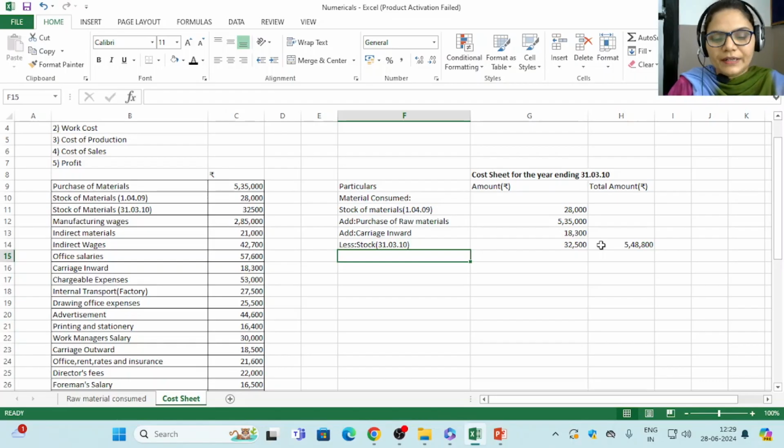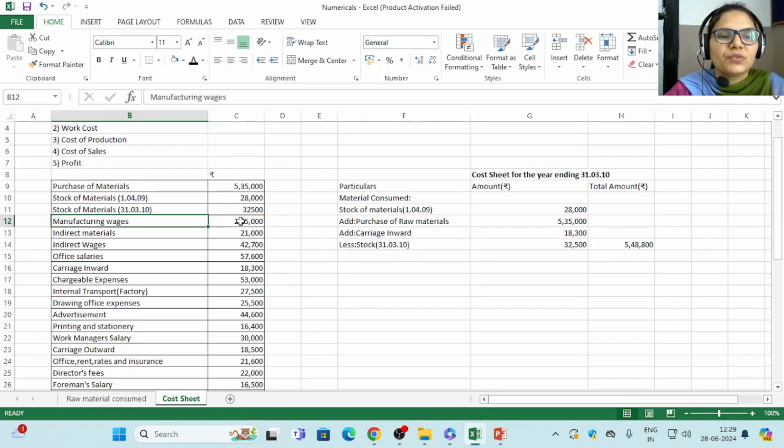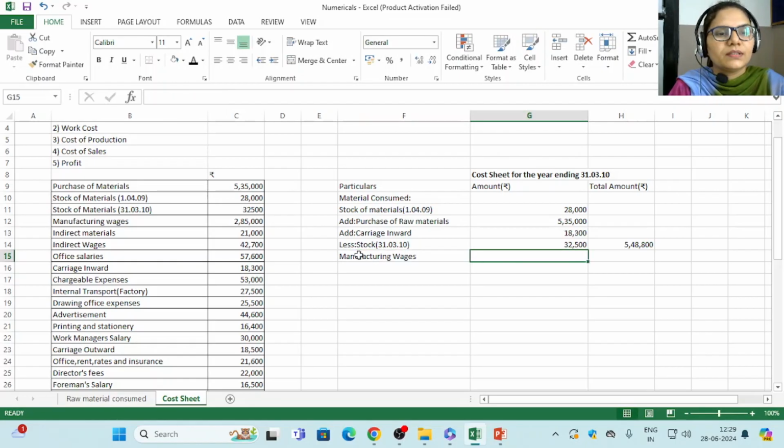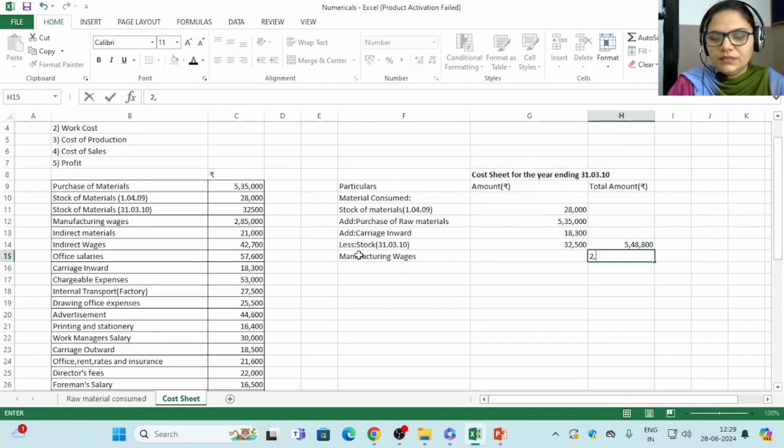Now we will add manufacturing wages. We can see manufacturing wages here. As we discussed in the previous session, manufacturing wages are your direct wages and will be shown here so that you can finally get the total amount.